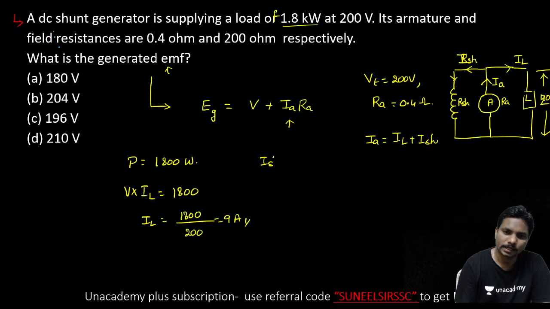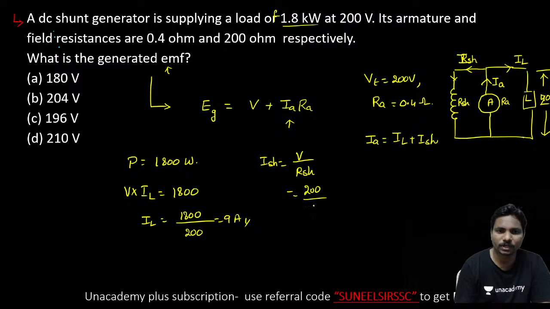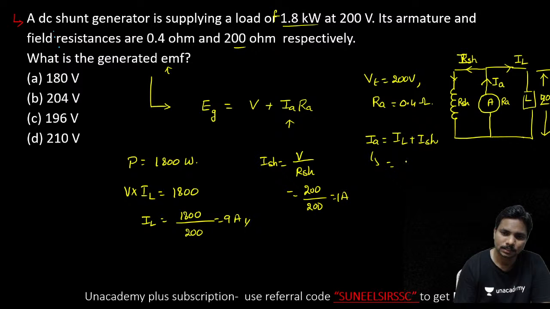ISH is equal to voltage across RSH, so 200 by 200 ohms, 1 amp. So total IA is IL, 9 amps, plus ISH, 1 amp, that is 10 amps.